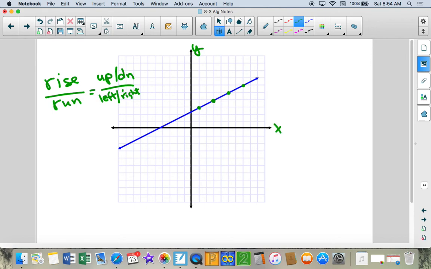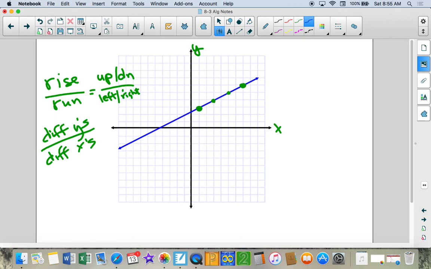So that's the rise over the run. The difference in y's over the difference of x's. So those are a number of different terms that you would use to describe the difference of y's and x's between 2 points.